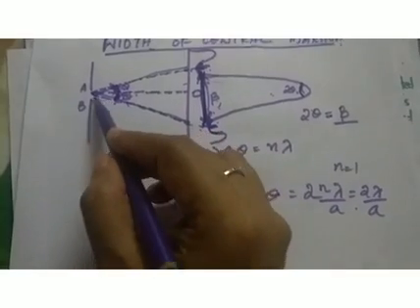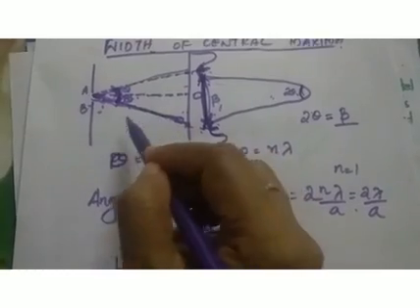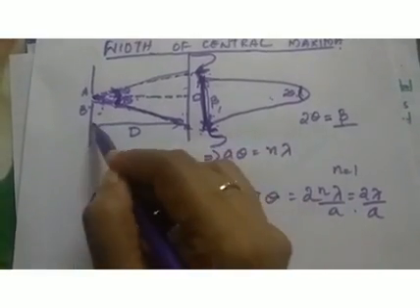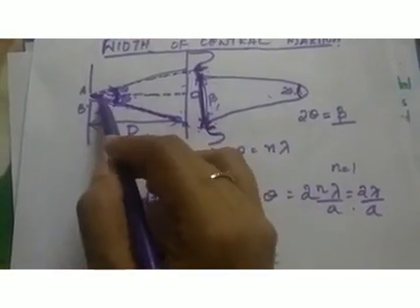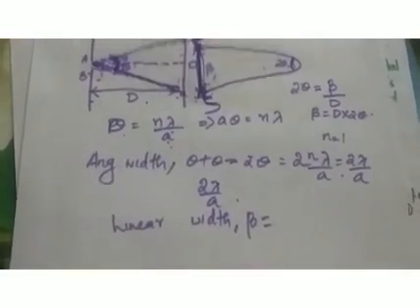Radius means this distance, the distance between the screen and the slit, which is capital D. Even though this distance is not exactly capital D, we can consider it approximately equal to capital D. So 2 theta is equal to beta by capital D. Therefore, beta is equal to capital D into 2 theta. So this is the expression for beta.